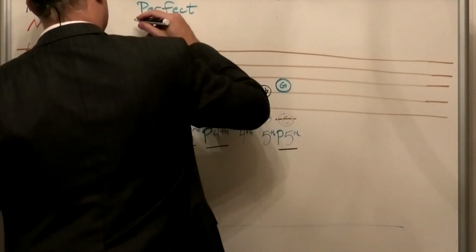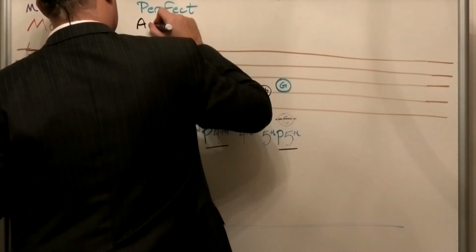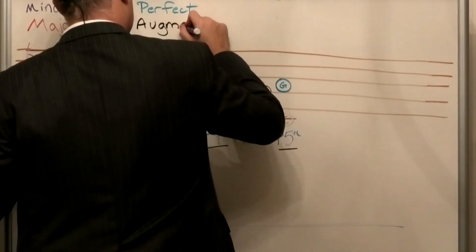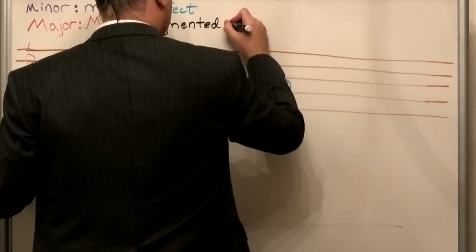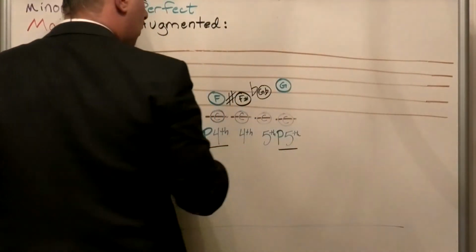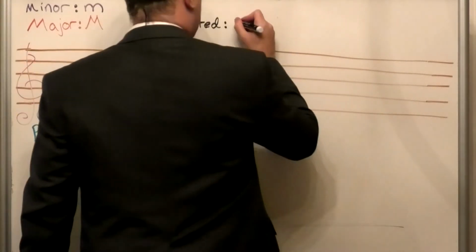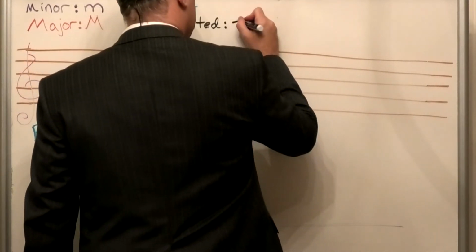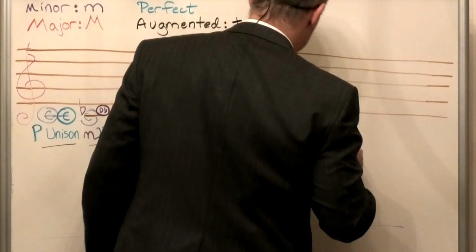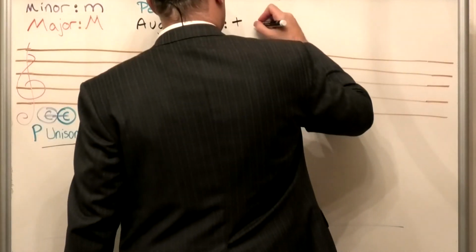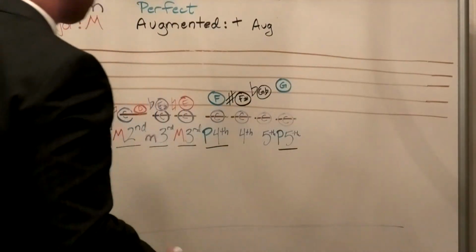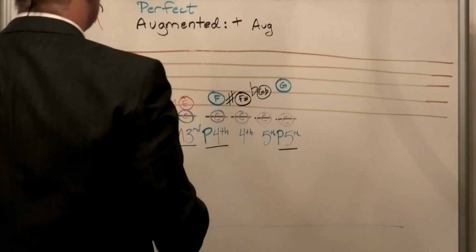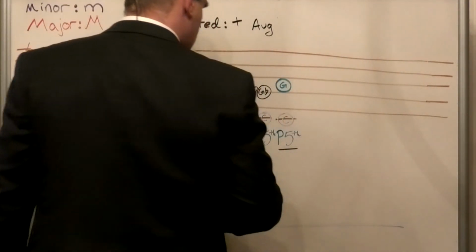So we're going to use the term augmented, A-U-G-M-E-N-T-E-D, as the qualifier. And there's two ways that you can write augmented. Classical musicians will usually put a plus sign. Jazz musicians will usually write A-U-G. They can also use a plus sign as well. Either a plus or A-U-G.